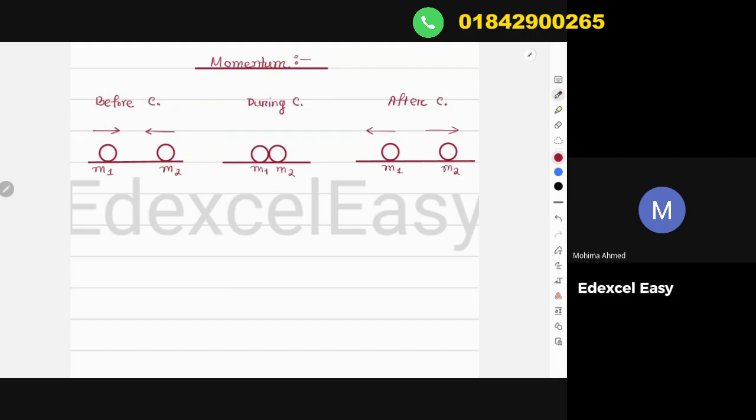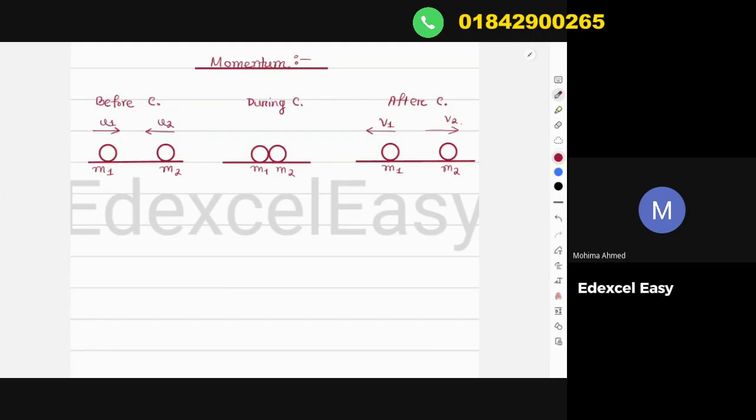This is the initial velocity of the first particle, initial velocity of the second particle, final velocity of first particle, final velocity of second particle. Now, in this situation, I can see that over here, the particles are moving in two directions, right? Towards right, towards left. That means this is a double motion situation. Momentum is a vector quantity.